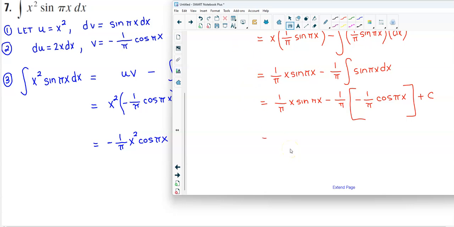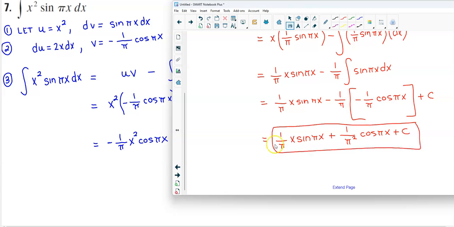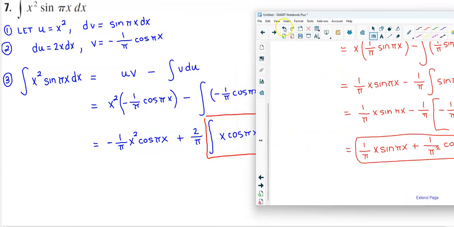So now let's distribute. So we have 1 over pi times x times the sine of pi x plus 1 over pi squared times the cosine of pi x plus c. And so this is what we're going to substitute into this part here.